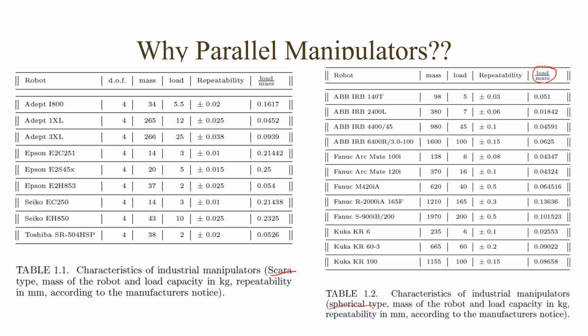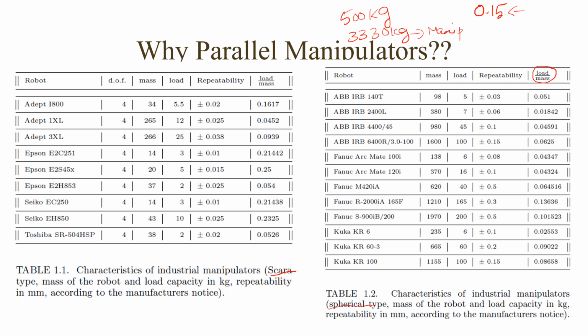As you see, for a spherical manipulator which has 6 degrees of freedom, the load to mass ratio is less than 0.15. Therefore, for a transported mass of 500 kilograms, the manipulator mass would be 3330 kilograms.